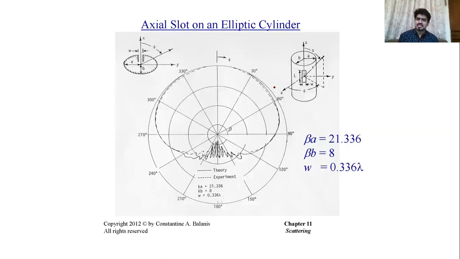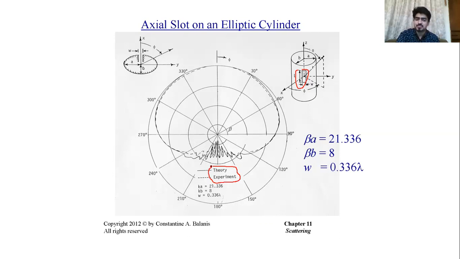Again, this is another example where you have an axial slot on the elliptical cylinder, and that axial slot is here. So the longer side is along the axis of the cylinder, and you can see that you again have very good agreement when we compare theory with experimental results.